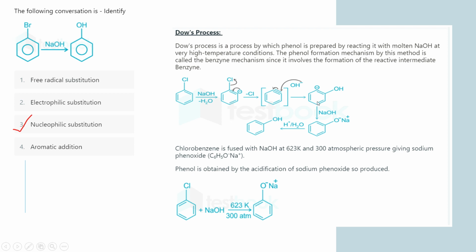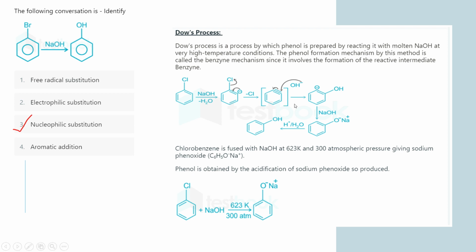For this particular conversion, you can show the arrow pushing as this anion will take up a proton from phenol, leading to the formation of this phenoxide, and then this phenoxide will take up a proton from water or acid present in the workup process reaction medium, and finally you get phenol as the product.